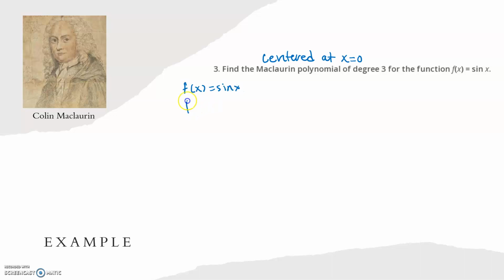We need to take 3 derivatives. We need to evaluate all of those at our center, which is 0 because it's Maclaurin.